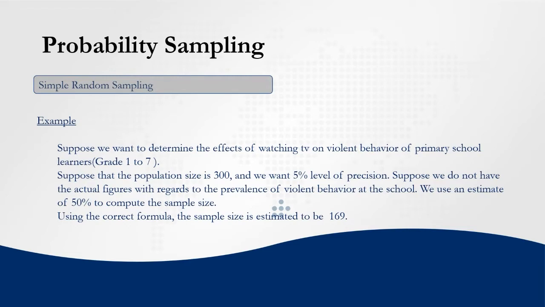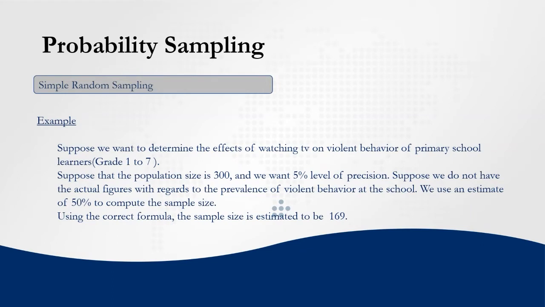Perhaps you are working at this particular school and you have observed a high incidence of violent behavior, and as part of trying to understand it, you're trying to link it to what the children are watching on TV.